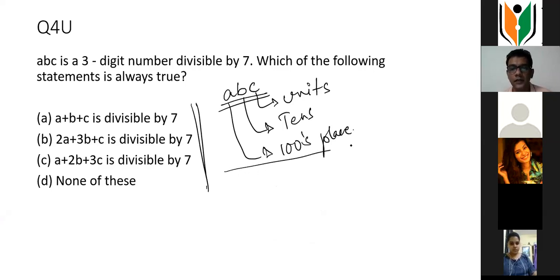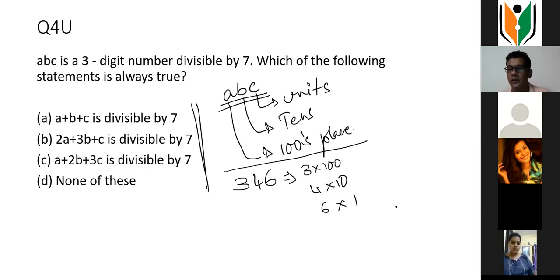Basically, if I have the number 346, how do I say this number? 346. Why do I say it as 346? Because 6 gets its face value and place value, 4 gets its face value and place value, and 3 gets its face value and place value.